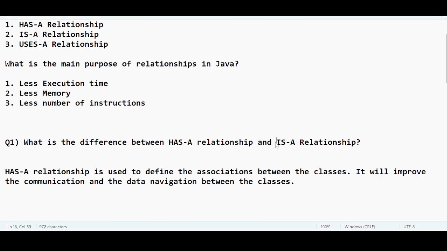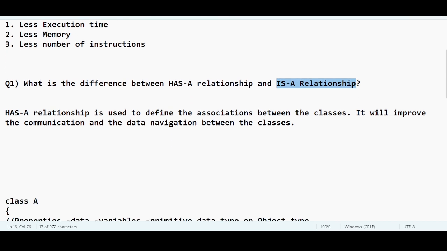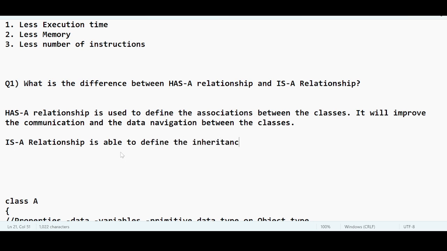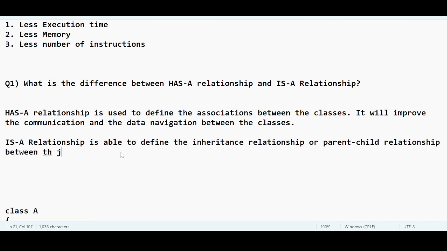Next one is the is-a relationship. An is-a relationship is able to define the inheritance relationship, or I can say the parent-child relationship between the classes, the Java classes.